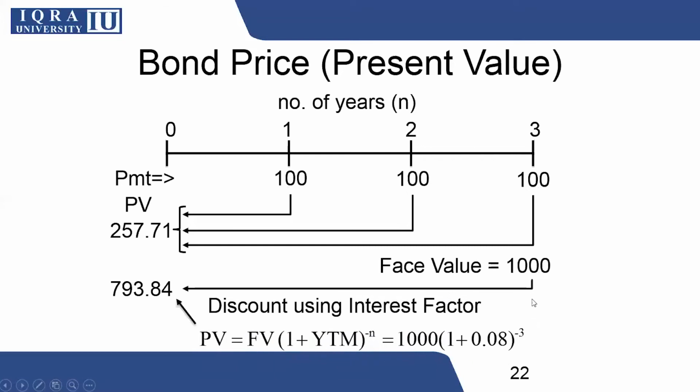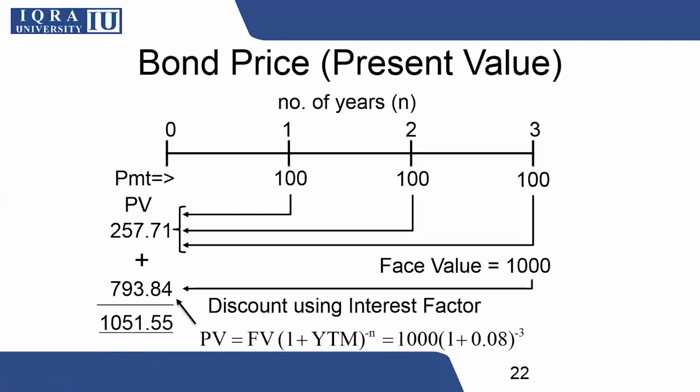Once you discount it, the resulting answer is 793.84. Now student, we have done this part earlier, how to calculate the present value of the interest payment, and this is the present value of your face value. Once you add them, you will get the final answer. So as per calculation, the bond price is 1051.55 by adding these two amounts.